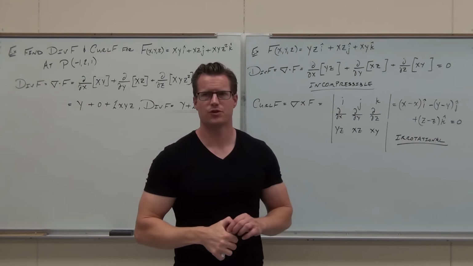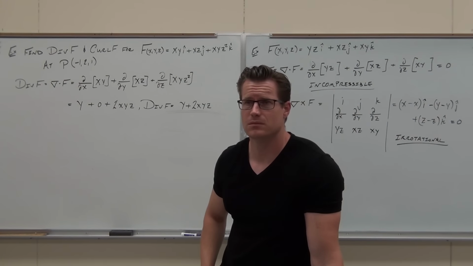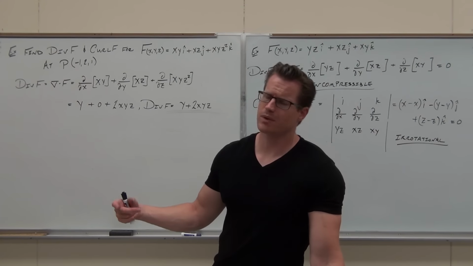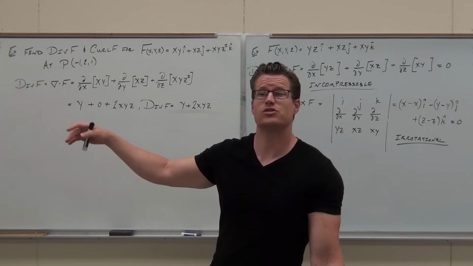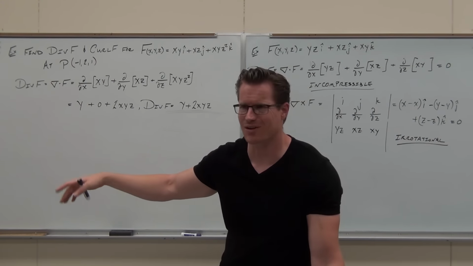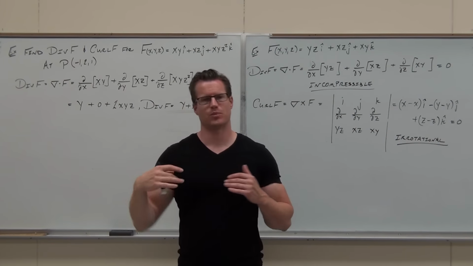Hey, is the divergence of the vector field always positive, always negative, or does it depend? It really depends on the point you plug in. Well, that's what I'm asking you for here. So we can't make a blanket statement about every point here. We can just make a statement about certain points. So whenever you get this, you go, man, it's asking for it at a point. It's not a big deal. Do the exact same thing and then plug in the point.